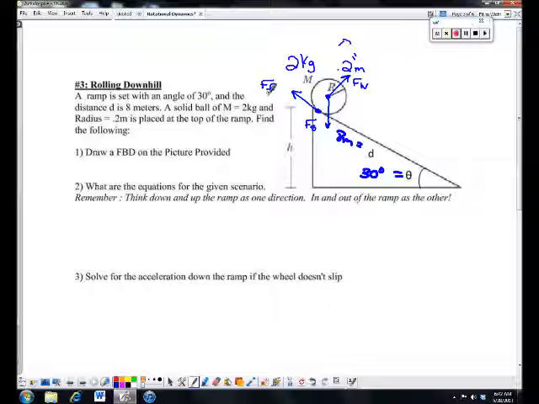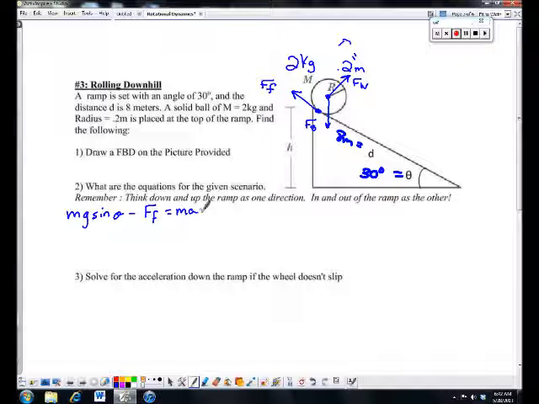So what are the equations that govern this scenario? So we should know for the bazillionth time that my net force down the ramp is mg sine theta, and I'm losing up the ramp, which is force of friction, and that of course equals ma.